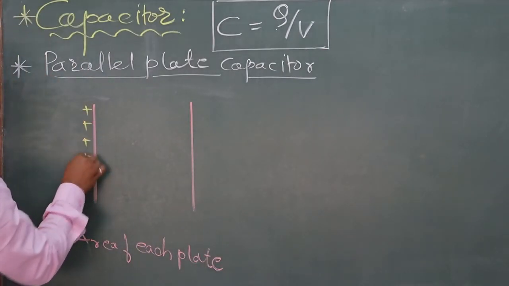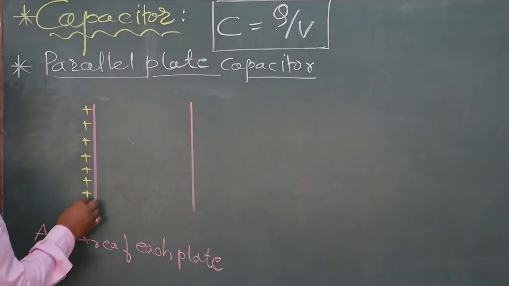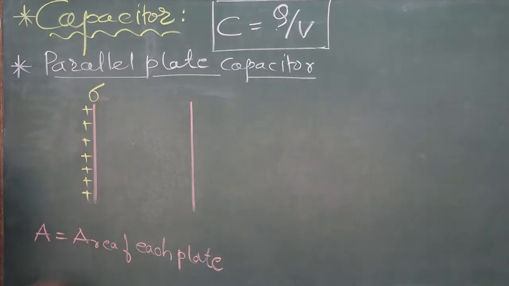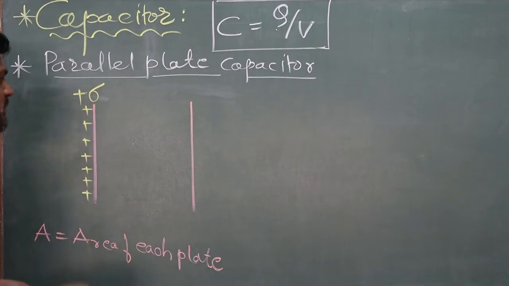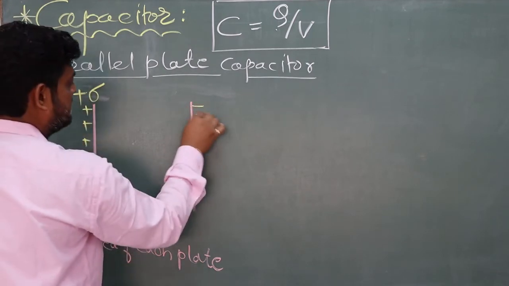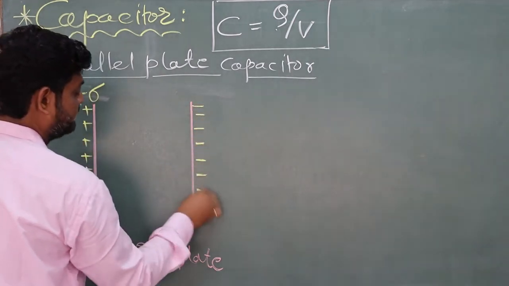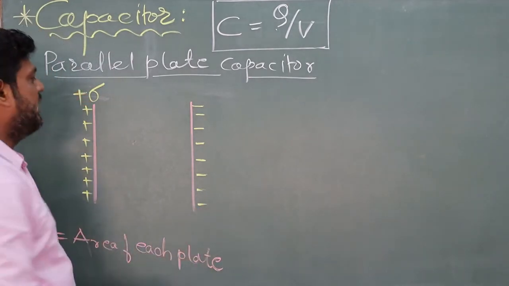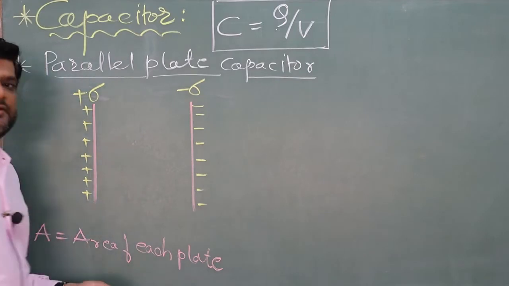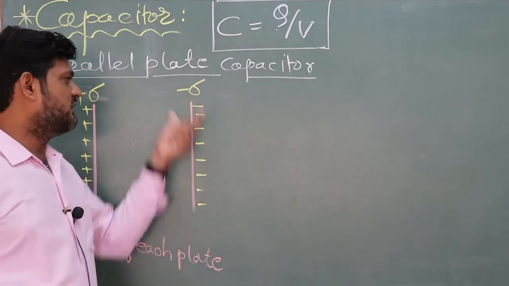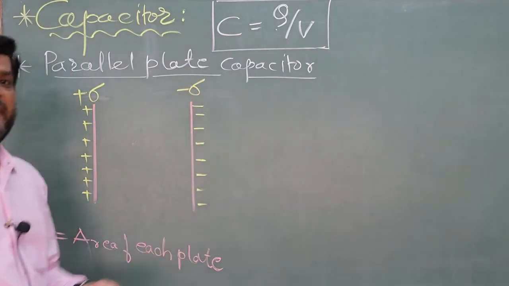So here the positive charges are uniformly distributed. So the surface charge density of plate 1 will be plus sigma. Similarly, negative charges are uniformly distributed on the second plate. So here negative sigma is the surface charge density of the second plate.